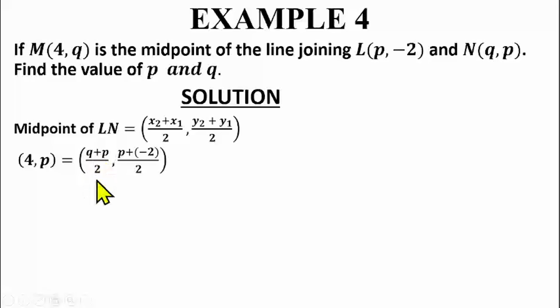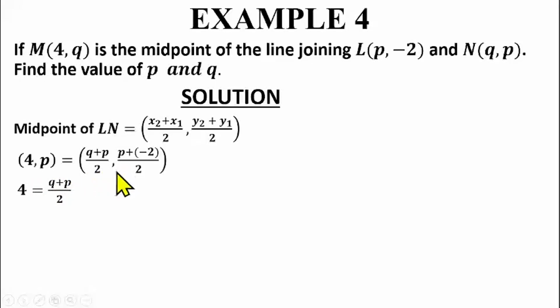So we have q plus p over 2 comma our y2 is p, our y1 is minus 2. So we have p plus open bracket minus 2 over 2. If you simplify this further, plus times minus will give us a minus here. So we'll be having p minus 2 over 2 here.